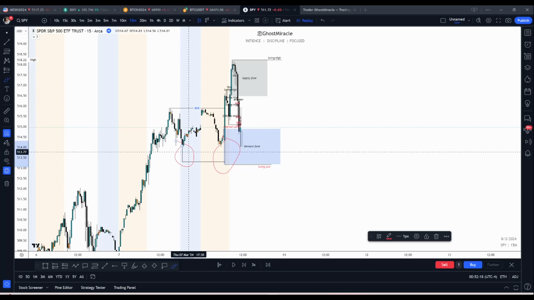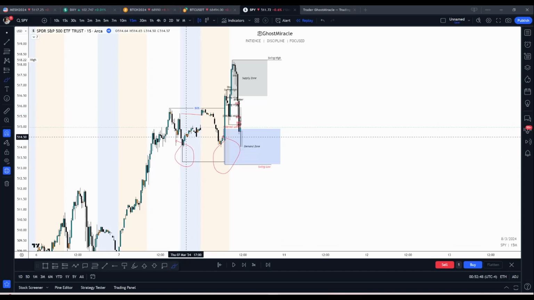I'm sure that I don't have the news turned on because it's just too much on the chart, but price cleaned this wick. Even though you had internal break, it still wicked this low, which technically should have been protected because you had this high, low, high, low, and then this high was broken, giving you internal breaker structure.